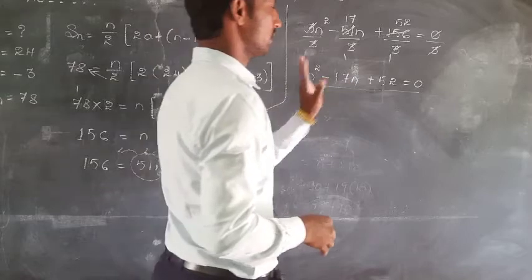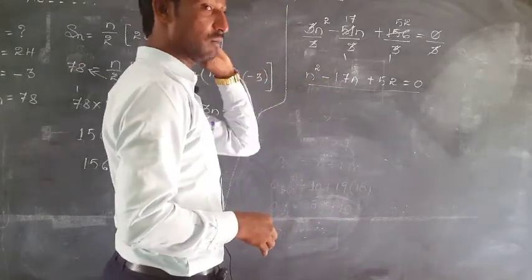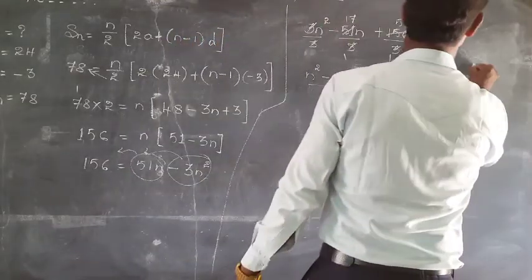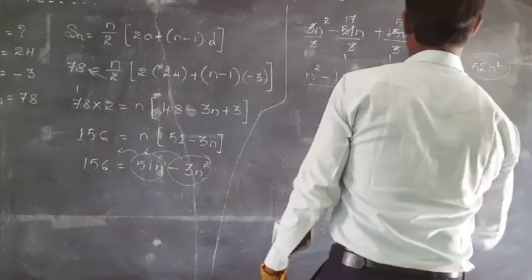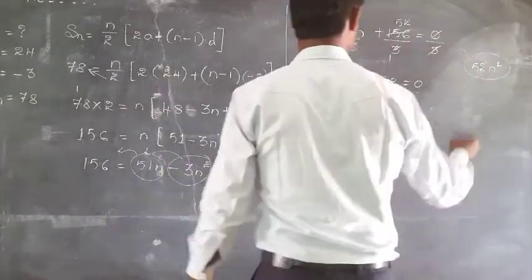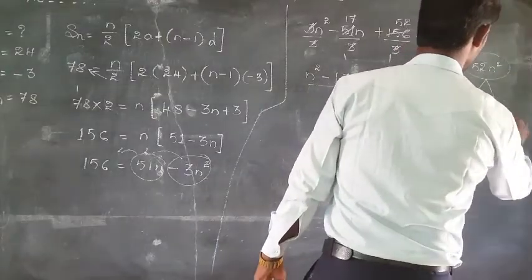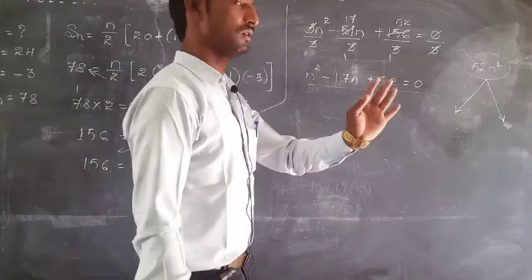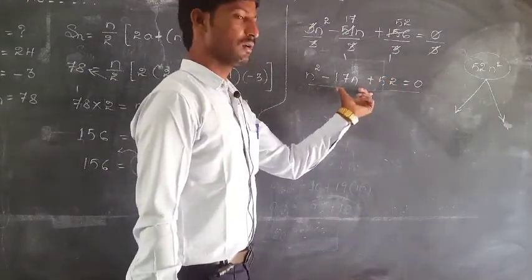Now we have here one quadratic equation, and we can use factorization of the trinomial. Factorization of trinomial, how to solve it? So 52 into n square, it is 52n square. So we need to find two factors whose product is 52 and whose difference or sum will be equal to the middle term of the trinomial.